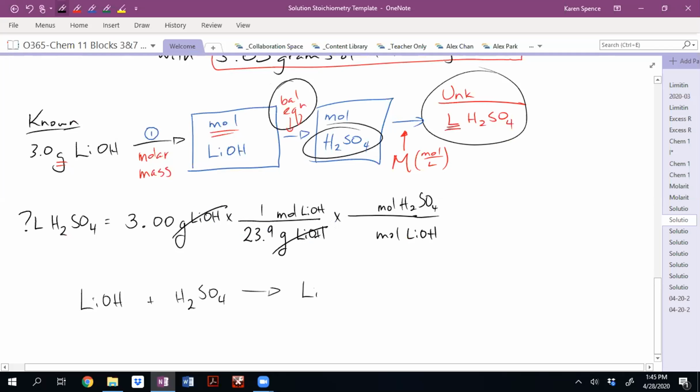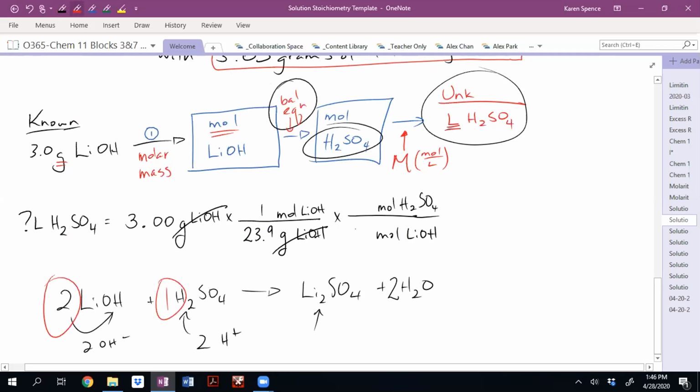It's going to be Li2SO4 plus H2O, and we need to have 2 Li's, so let's put a 2 there. That's going to give us 2 hydroxides. We already have 2 hydrogens, and what that means is we're going to need 2 waters being formed at the end. So we have a 1 to 2 ratio there. So there is a 2 in front of the LiOH and a 1 for the H2SO4.